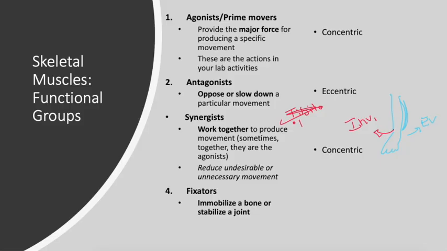In order to invert, you would need tibialis anterior plus tibialis posterior. Both of them together. The two tibialises working together in synergy will invert at the ankle. So if one of them operated alone, like just tibialis anterior, you'd dorsiflex. Just tibialis posterior, you'd plantar flex.